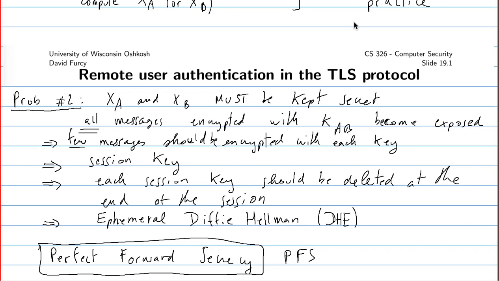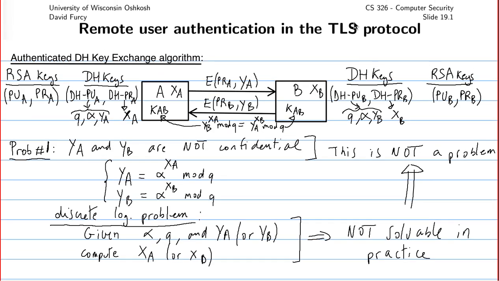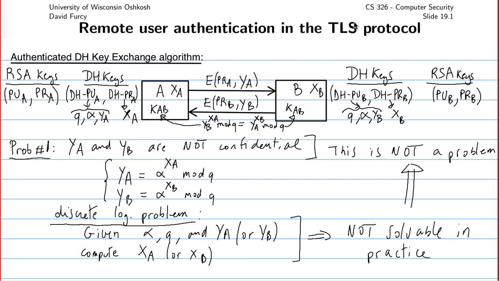And so to be clear about what perfect forward secrecy means, I can go back to this algorithm. What it means in particular is that as soon as this session is over, the values xb and xa have to be destroyed explicitly.